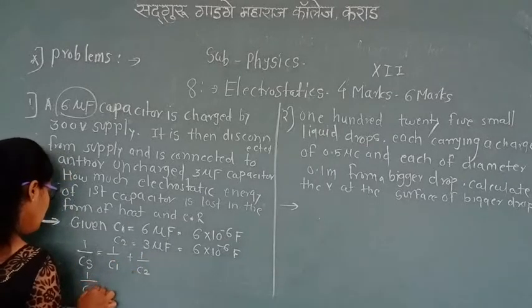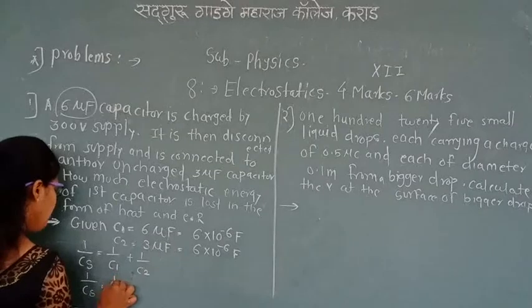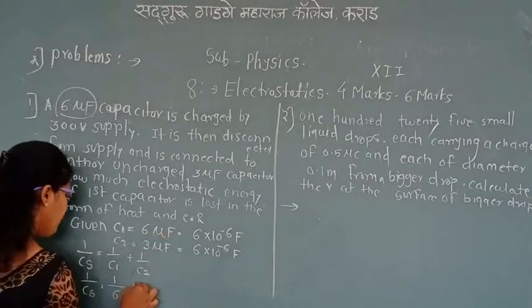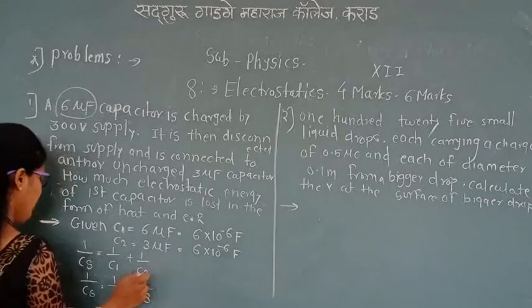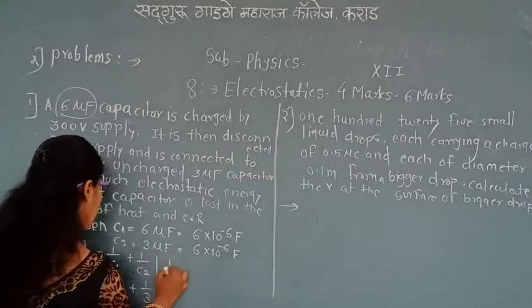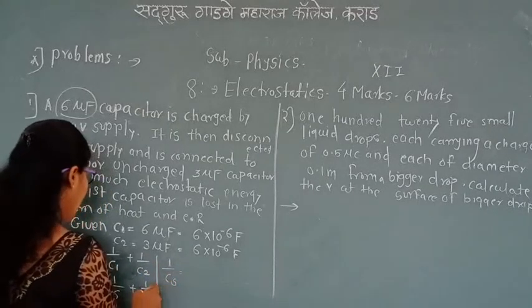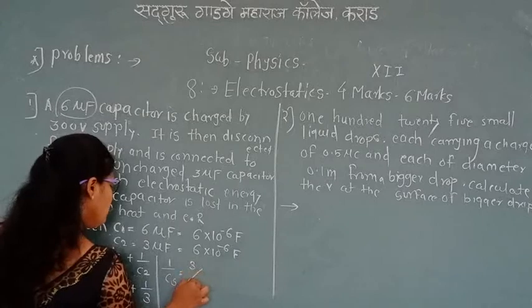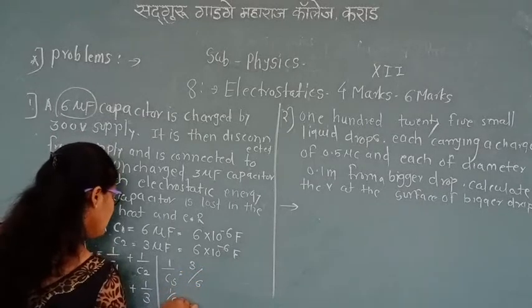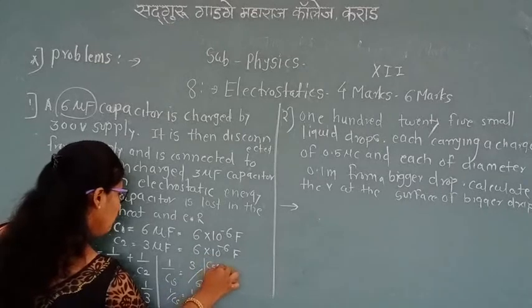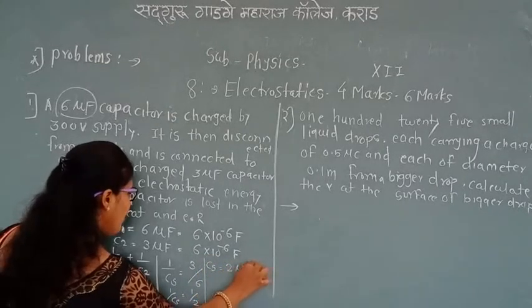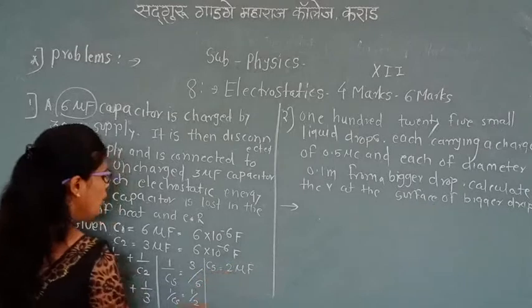Therefore 1 upon CS is equal to 1 upon 6 microfarad plus 1 upon 3 microfarad. Therefore 1 upon CS is equal to 3 upon 6, then 1 upon CS is equal to 1 upon 2. Therefore CS is equal to 2 microfarad. We get the CS value as 2 microfarad.